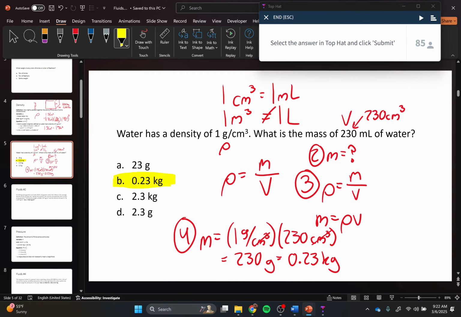What's the density of the combined system? Why is this important? Your body is made of a bunch of stuff with varying densities. So if you measure the density of a human body, it's not the density of bone, it's not the density of fat, it's not the density of muscle, it's the density of everything together. And so this next problem will kind of show us how to calculate the density of something with everything together.